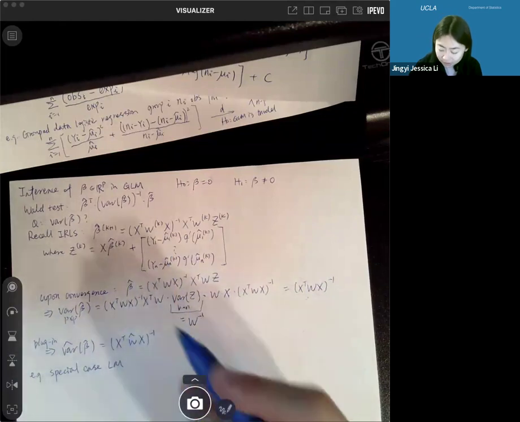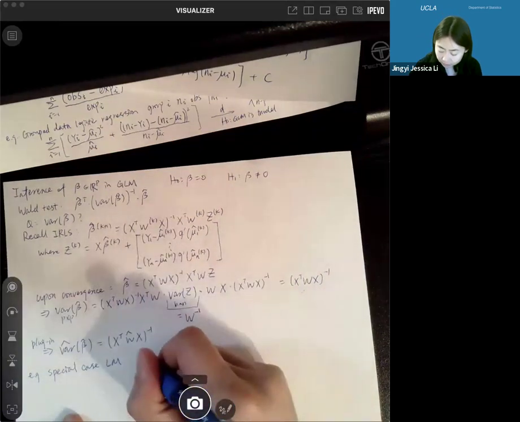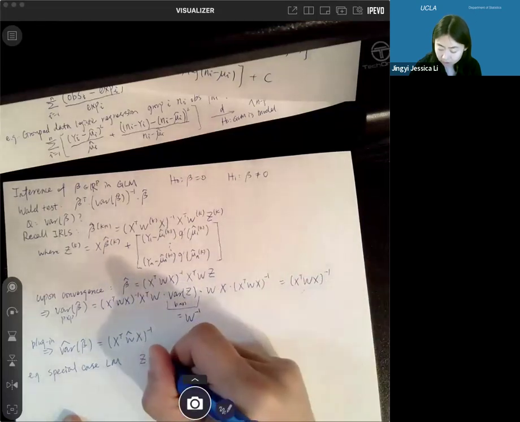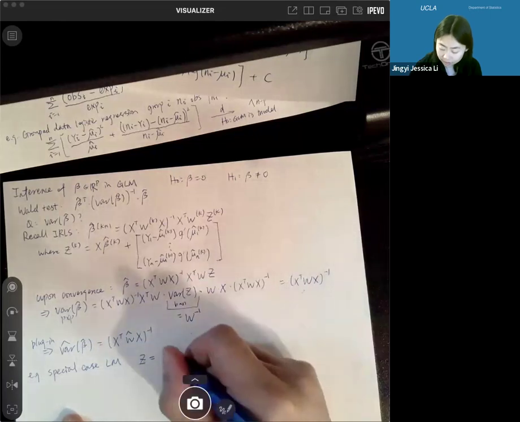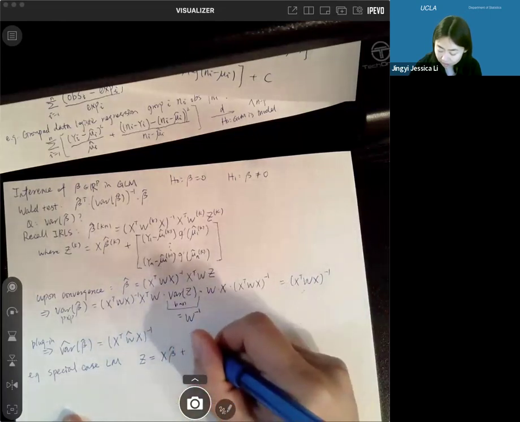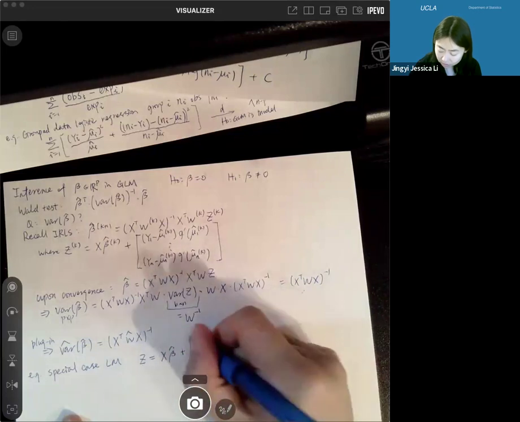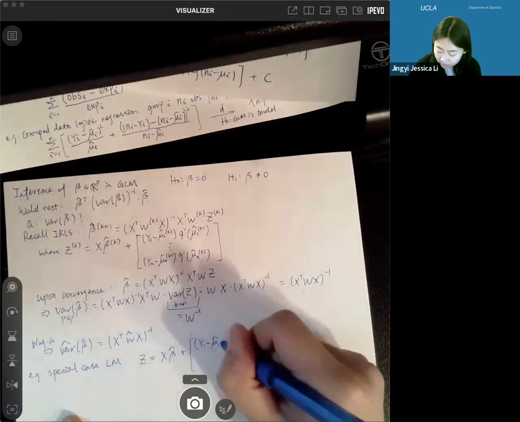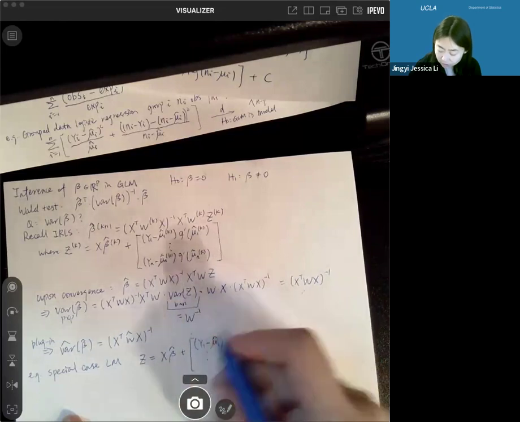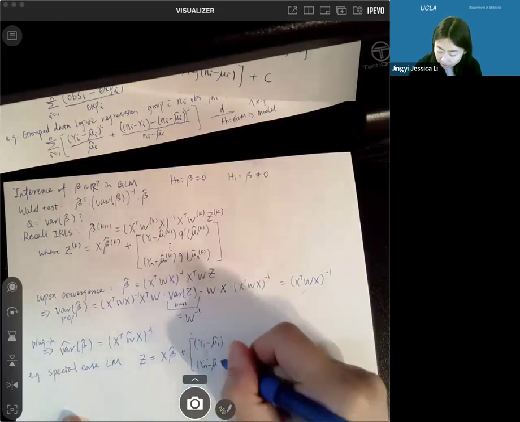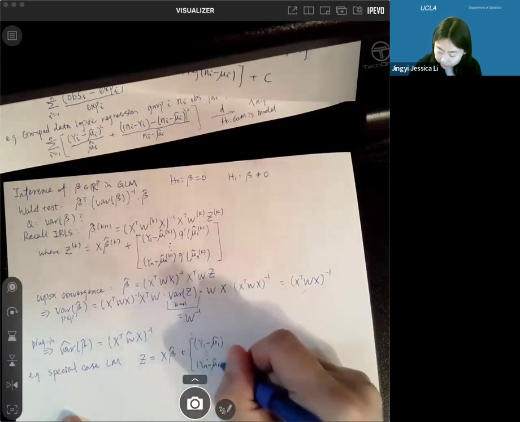So basically, let me just write it. Linear model, x beta hat plus, let me still use the same thing so you understand what I'm saying, Y1 minus mu1 hat. I dropped the iteration index.